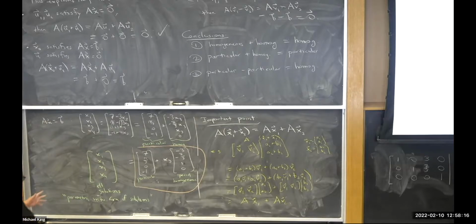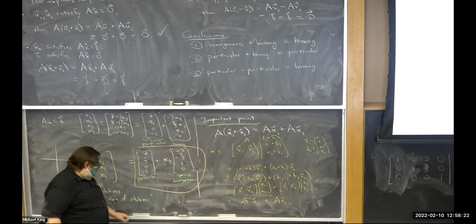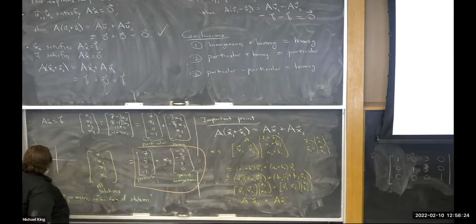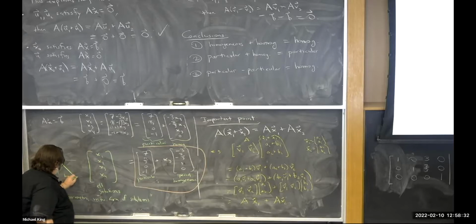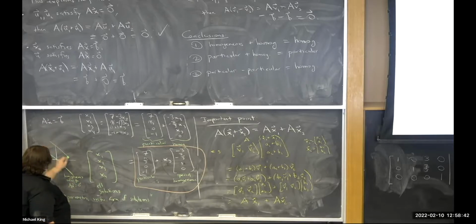You'll see pictures like this, and this is like the homogeneous solutions, solutions to AX equals 0. And then you'll see a parallel line here.